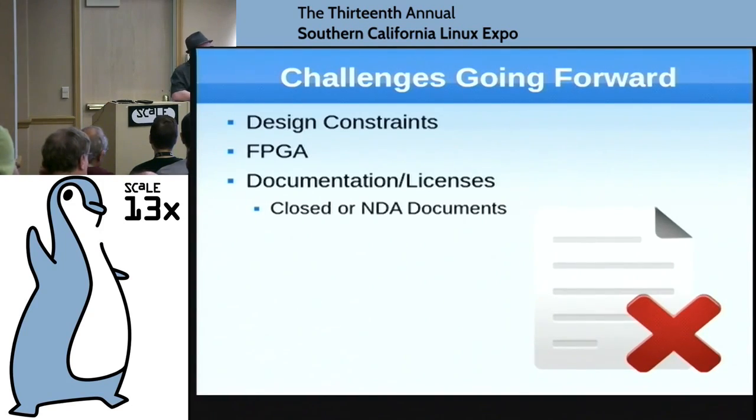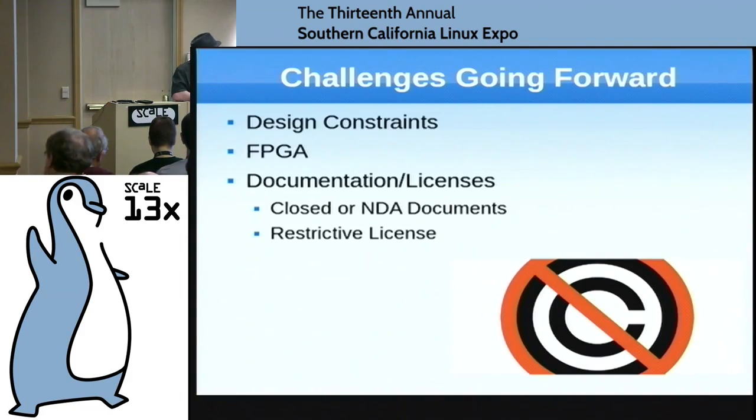So closed and NDA documentation is a real roadblock for creating open hardware tools yourself. Restrictive licensing: we found that a lot of the libraries we had found to do PCIe or SATA support were very limited on their license. We couldn't open up the remainder of the design because portions of the libraries we were using were closed.